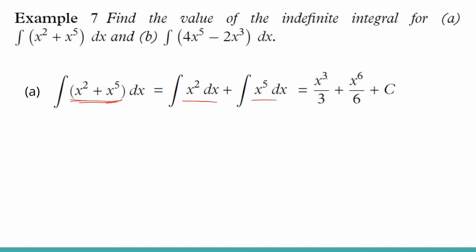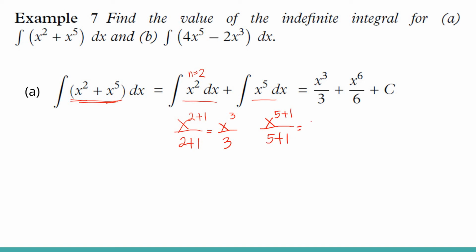So, why does it become 3 here? n here is 2. So x^(2+1) divided by 2+1. That's why it becomes x raised to the power of 3 divided by 3. And this one, x raised to the power of 5 plus 1 divided by 5 plus 1.